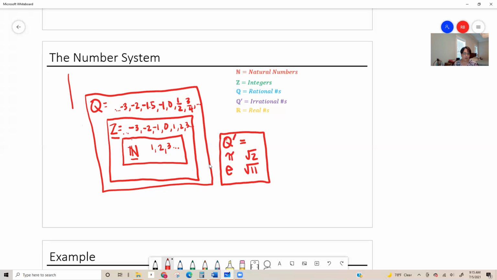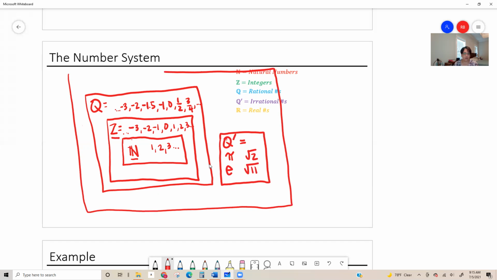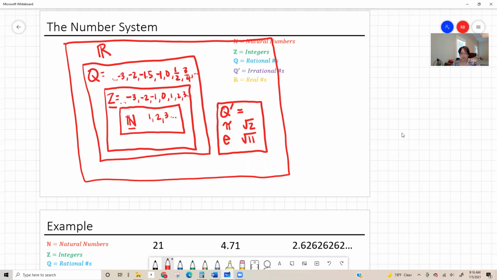Now, when you put all of these things together, so here's a big box which includes everything else, you get the real numbers. The real numbers have all of these things, the rational and the irrational. All of these numbers are also real numbers. Hopefully that helped you a little bit.